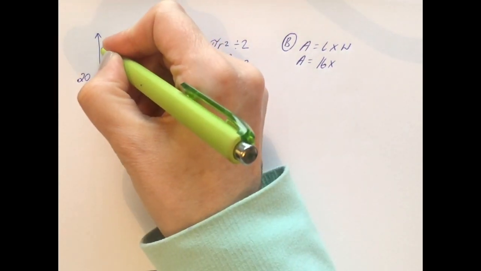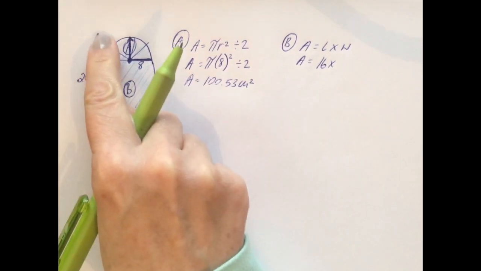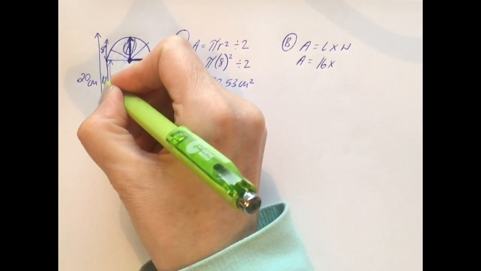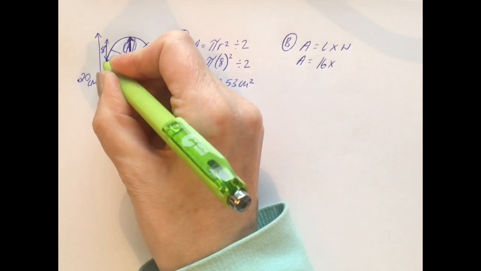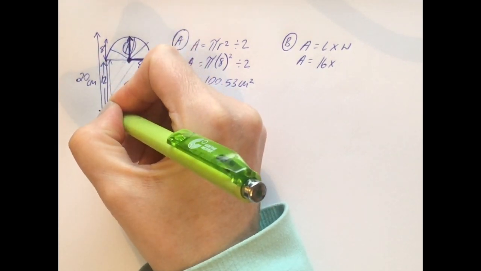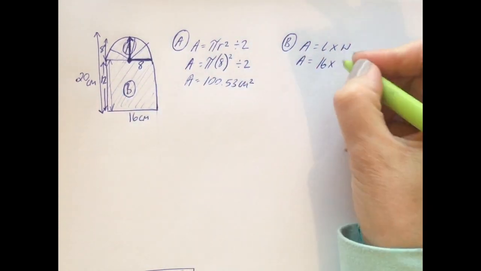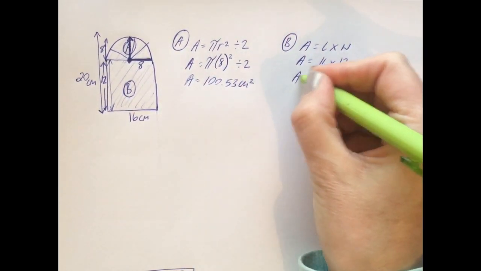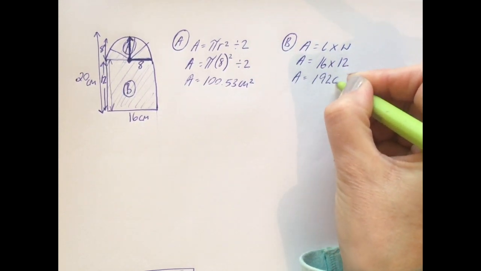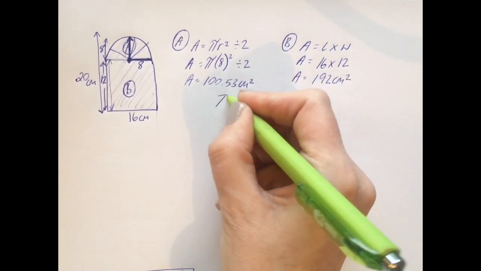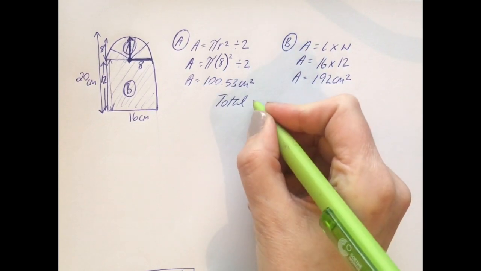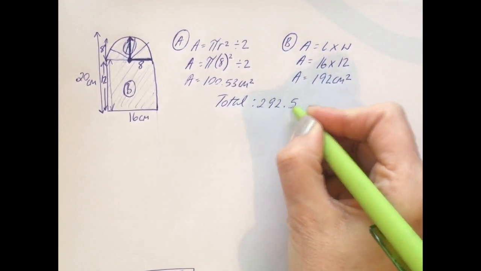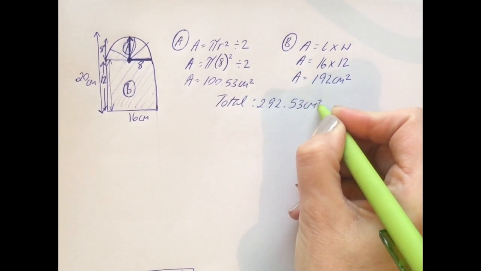So if that length is 8 and the full length is 20, that means that width must be 12. So the width of the rectangle is 12. 16 times 12 is 192 centimeters squared. And so my total is going to be 292.53 centimeters squared.